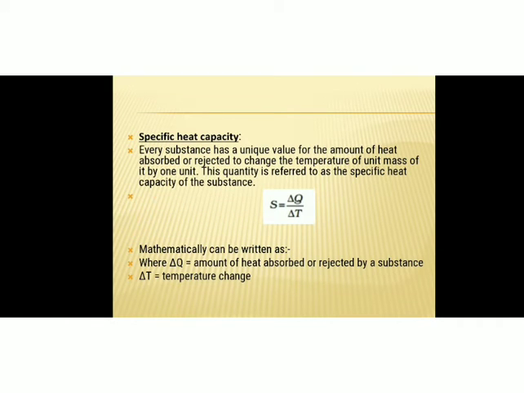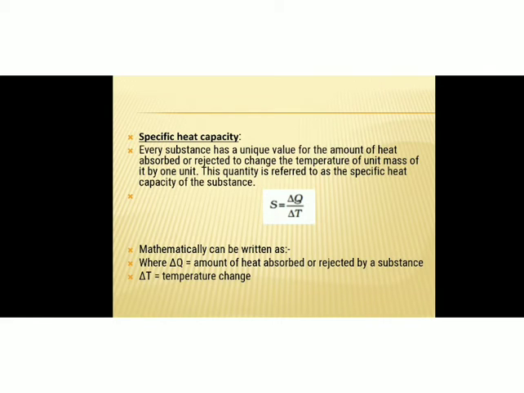Next, what is specific heat capacity? That is also closely related to heat capacity. Specific means we are specifying some values here. While defining heat capacity, we simply defined it as the amount of heat required to increase the temperature of the whole substance. But here we want to specify the mass of the substance.